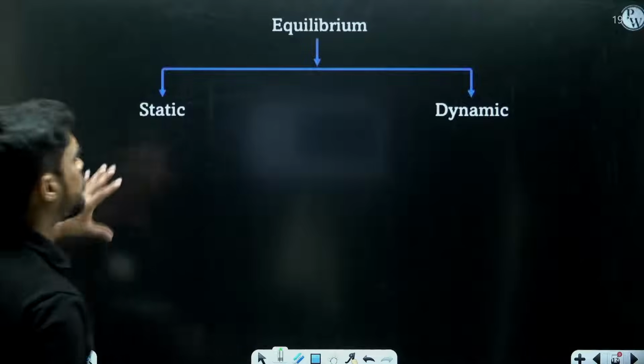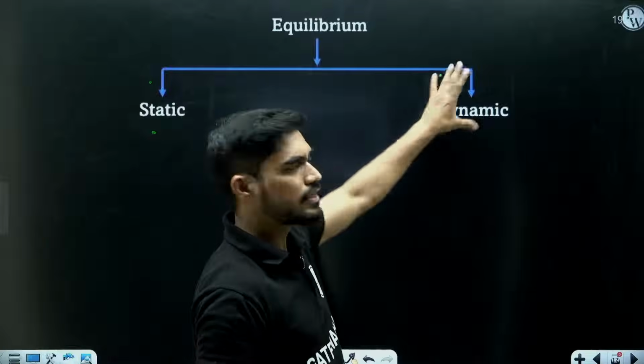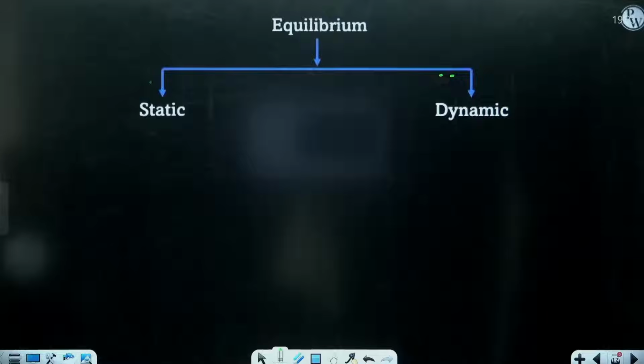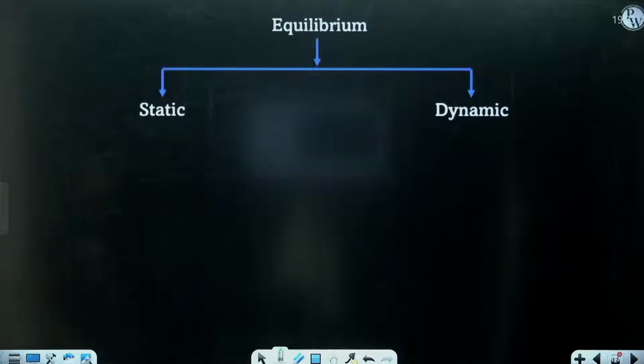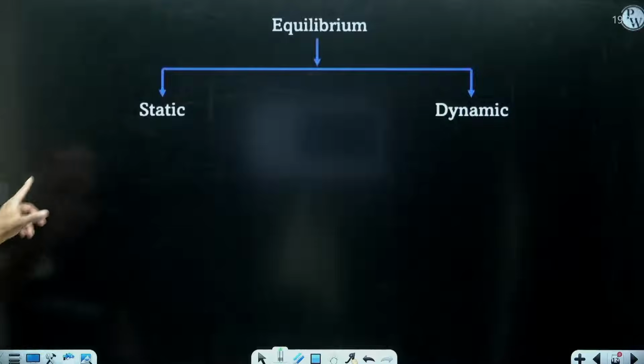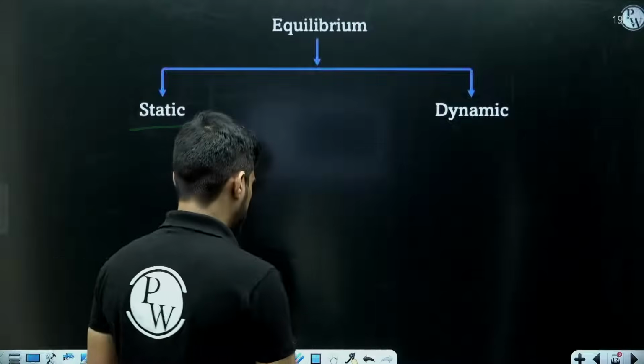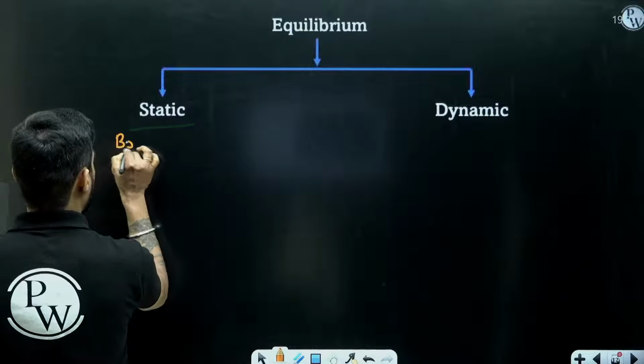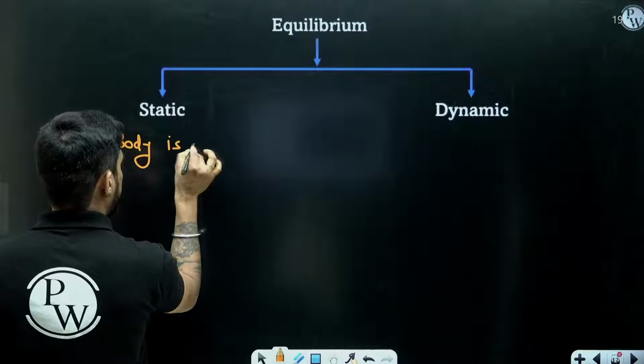Now, equilibriums are of two types, static equilibrium and dynamic equilibrium. Understand the meaning of both types of equilibrium, okay? Because it creates confusion. Static equilibrium means the body is at rest.